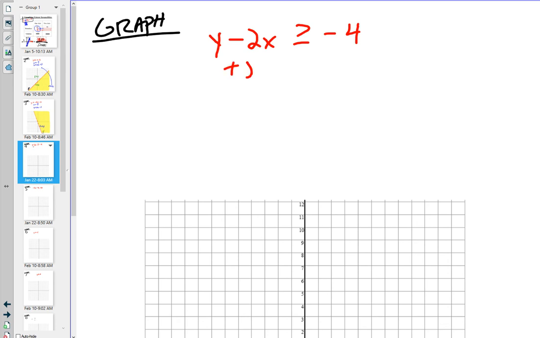Luckily, this can be done in one step. We add 2x like the cool kids do. And then now we have y greater than or equal to 2x minus 4, just like the last time. I'll give you like a 45-second head start. See if you can graph it on your own.